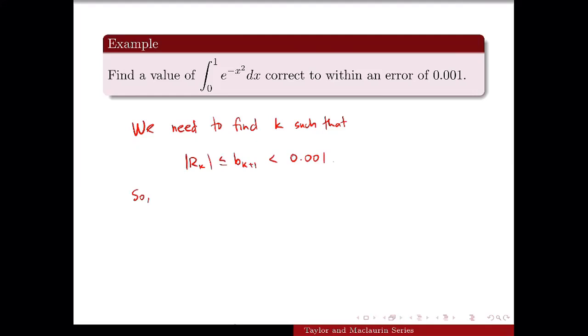So, B sub k plus 1, what is this? This is 1 over k plus 1 factorial times 2 times k plus 1 plus 1. This should be less than 0.001.